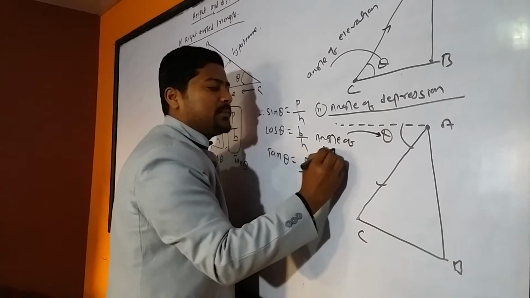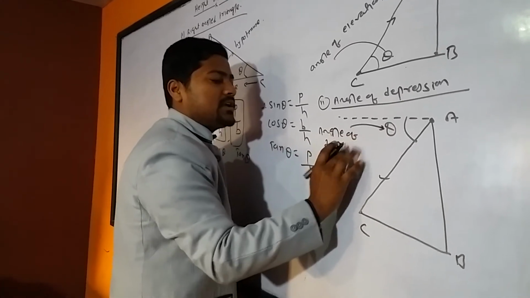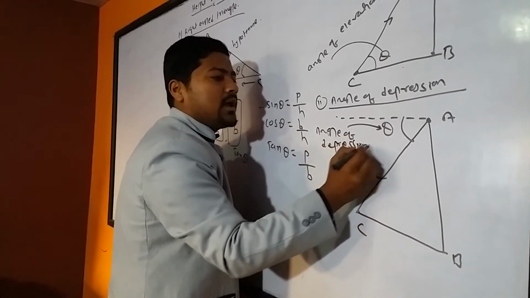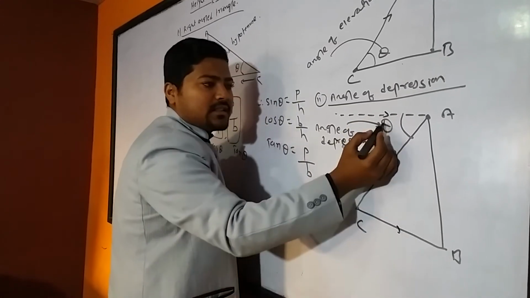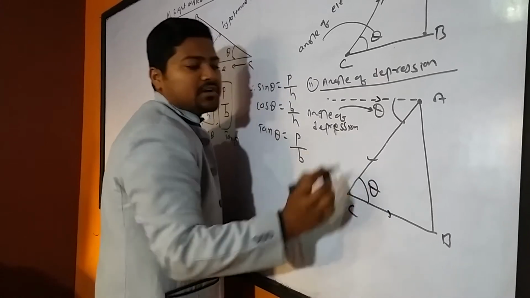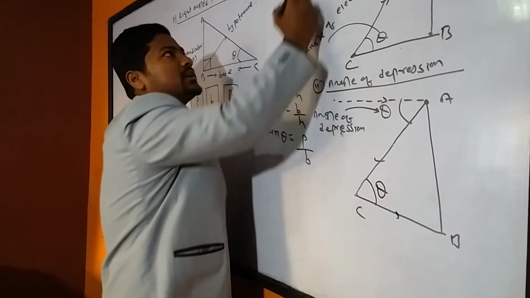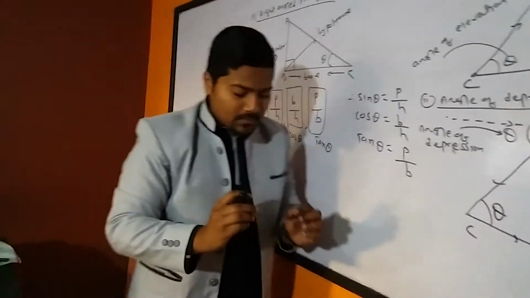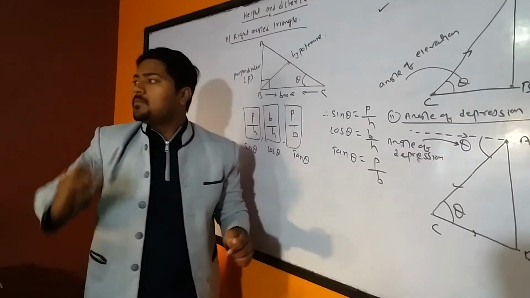Now look here, this line and this line are parallel, so these are alternate angles, and this angle is also theta. So the angle of depression means top to bottom.